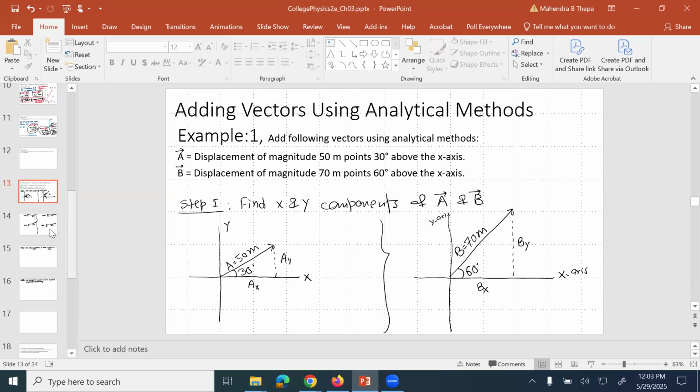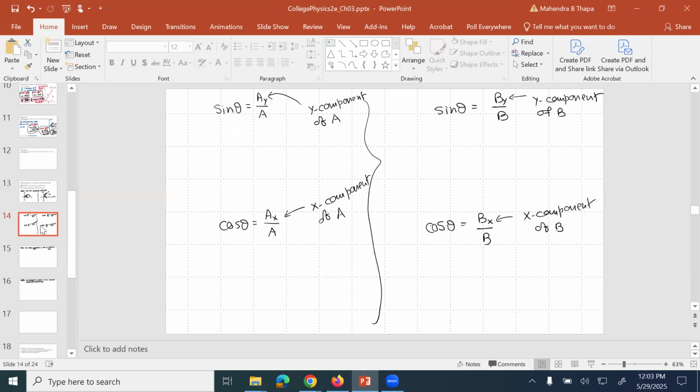So let's start with vector A. I use sine theta equals AY over A. As usual, I multiply both sides by A so that A sine theta equals AY. So AY equals 50 times sine 30, which gives me AY equals 25 meters.